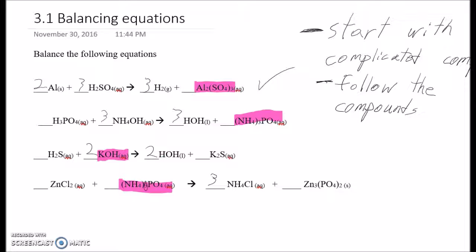Let's look at the PO4. There's 1 on the left, and there's 2 on the right. Okay, so now we have to change this to 2 to equal this little 2. Okay, but now we have to go back and check the ammonia. How many ammonias are there? There's actually 6 of them now.